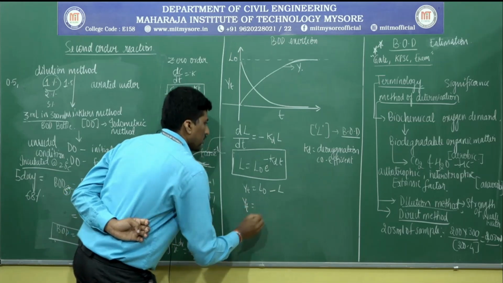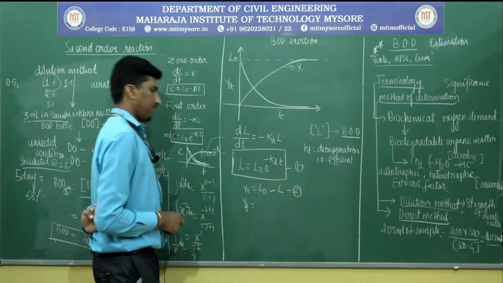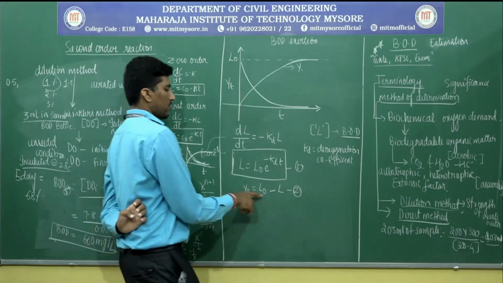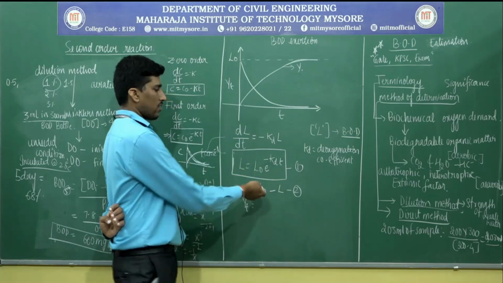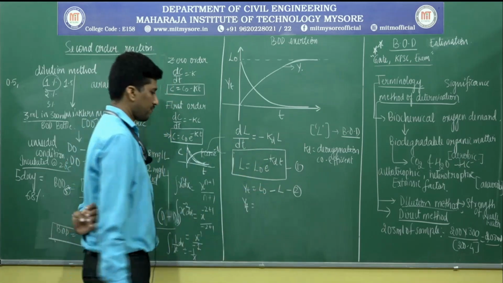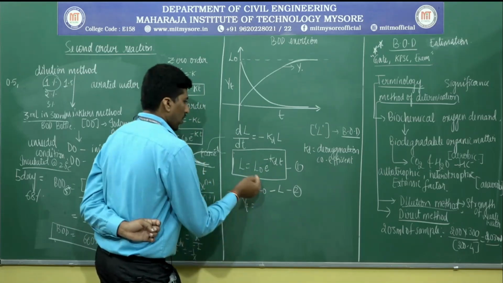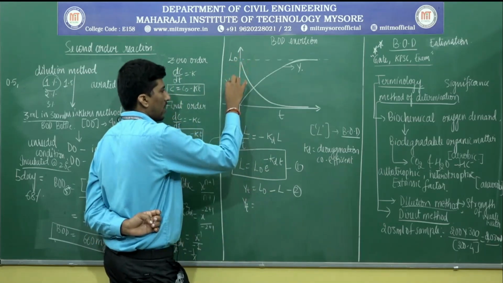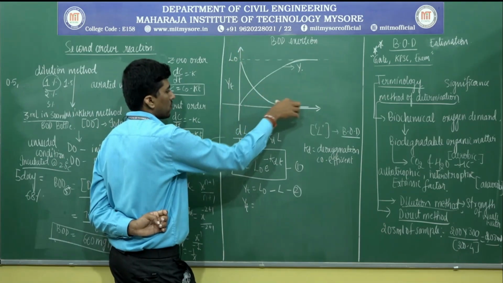Call this equation number 1, call this equation number 2. That is the rate of formation and the rate of reaction, the formation of the reactants and the formation of the products. When I know this set of expressions, out of L naught, I get to know the value of YT. L naught I know, and what is exerted?